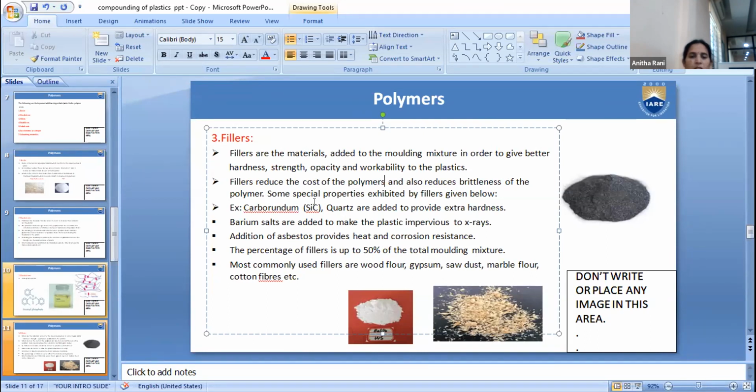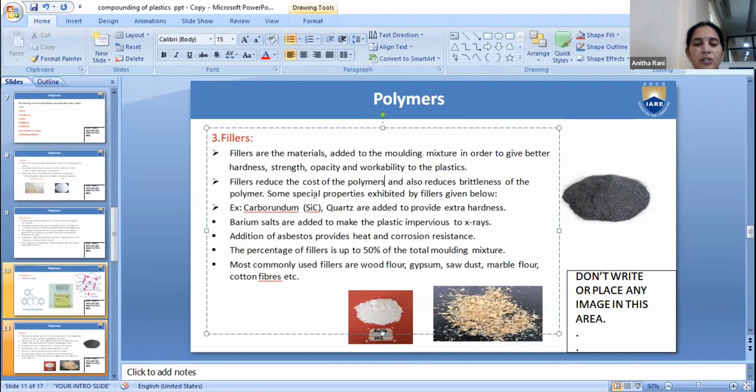See, these are some special properties of fillers. First one is carborundum, silicon carbide, and quartz, silicon dioxide. We add carborundum and quartz to provide extra hardness.